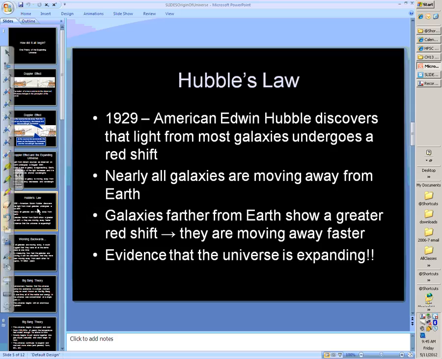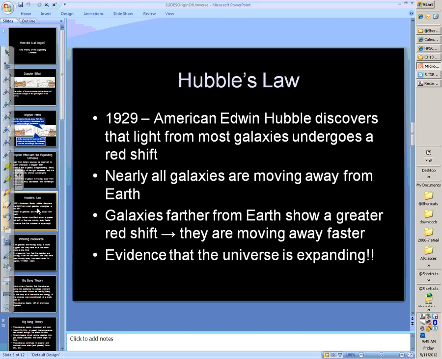Hubble's law. Remember, a law just tells us what is happening. Based on this evidence of the red shift coming from most of the galaxies that we know about, he says that those galaxies must be moving away from us. And if the galaxies are moving away from us, that must mean that the universe is expanding, that it is getting bigger. Okay?